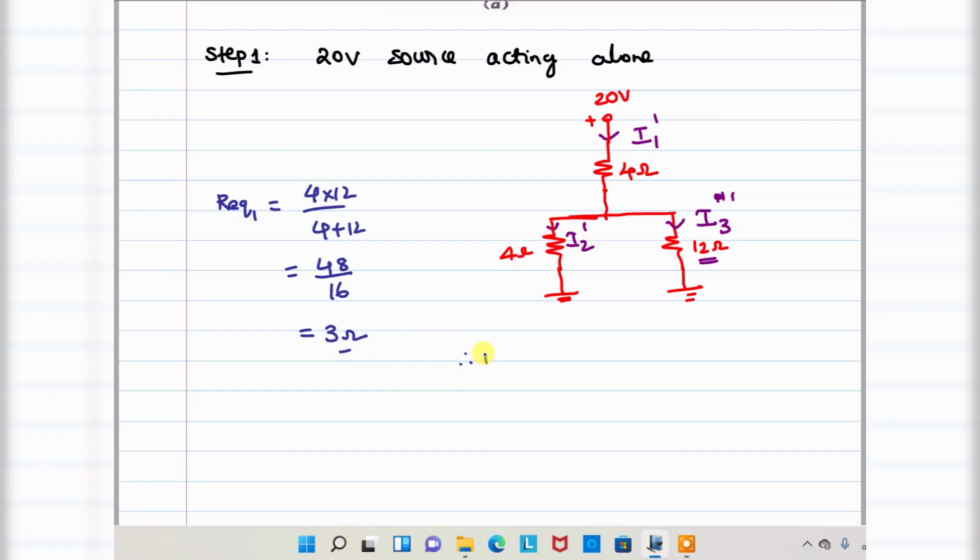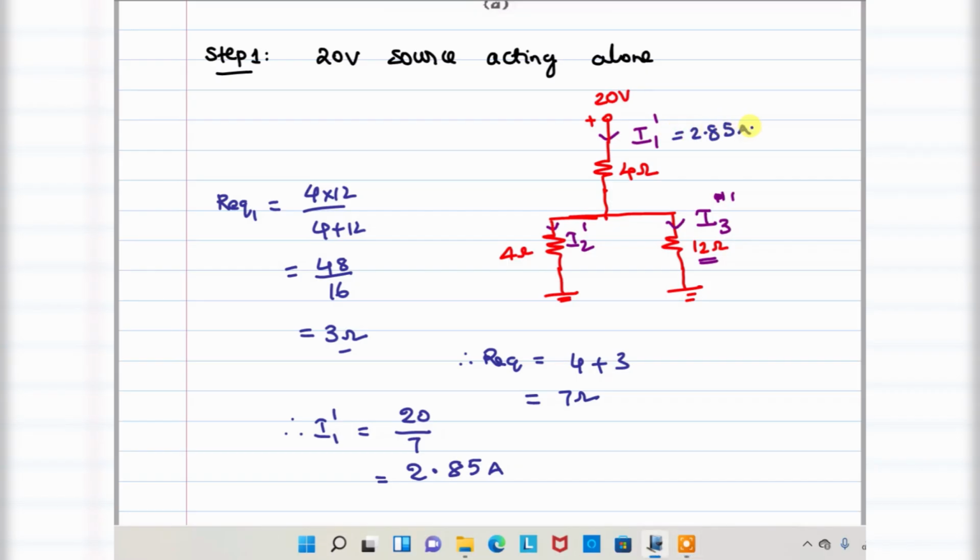So finally R equivalent you got 4 plus 3, that may be equivalent to 7 ohms. Okay, clear up to here? So once you got total resistance is 7 ohms, then I can find I1 prime, that is total current, V divided by 7. So this is 20 by 7, approximately 2.85 amperes.